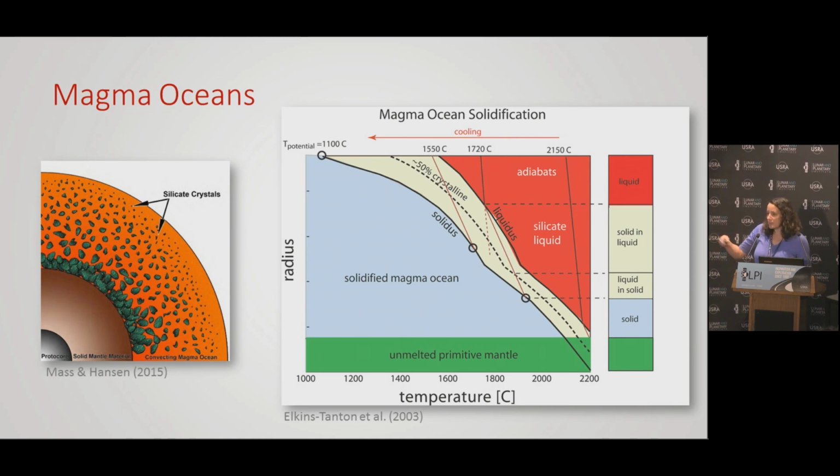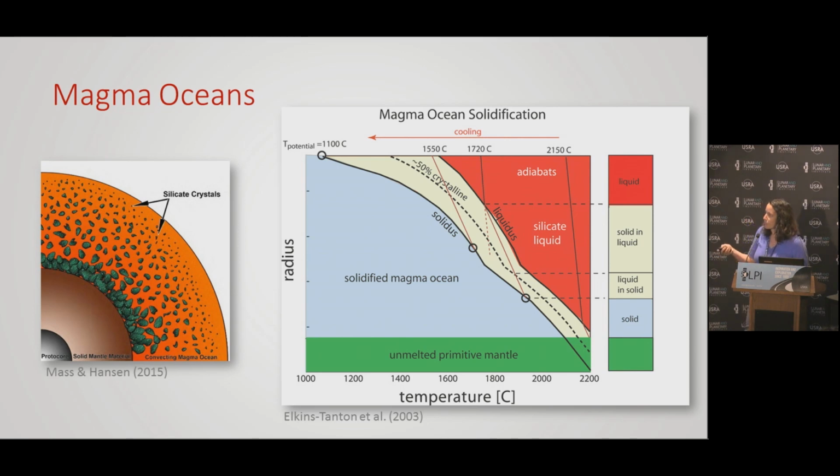The mantle is convecting during the magma ocean stage, and so it's following an adiabatic temperature gradient. You can see that the adiabat is first intersecting the melting points at the bottom of the mantle. So this is where we get solidification of the mantle proceeding from the bottom towards the surface. So the surface will stay liquid for longer than the deeper interior.